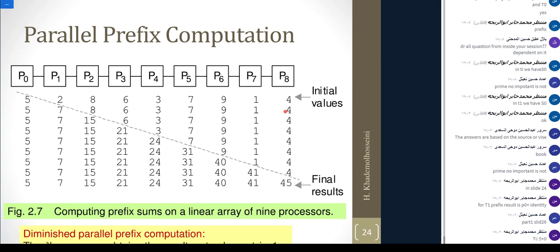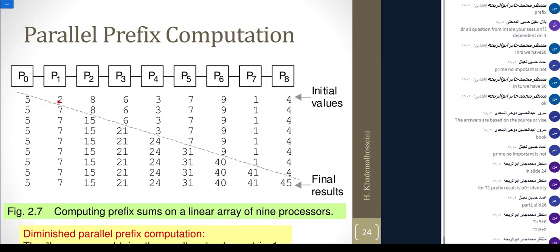It is the initial value or T0. It is the first step or S1 or T1. At the first step, the first is the same. The second one is the summation of first and second.